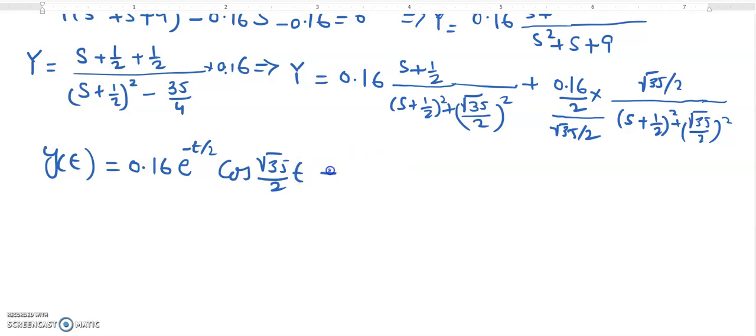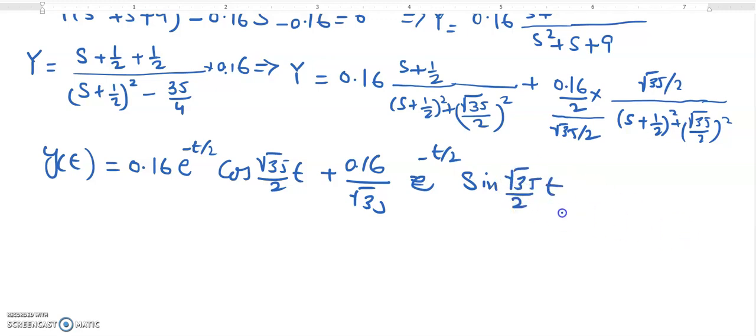Similarly for this term it can be simplified: 0.16 under root 35, so 2 cancels with 2, and then it will be e power minus t by 2 from the s shifting theorem and the sine of under root 35 by 2 t. In this way we will get the solution of the initial value problem.